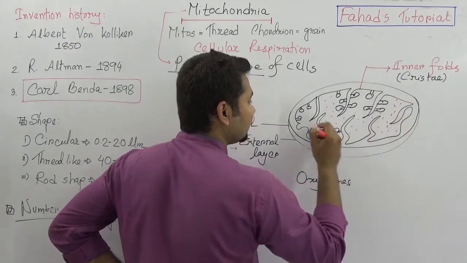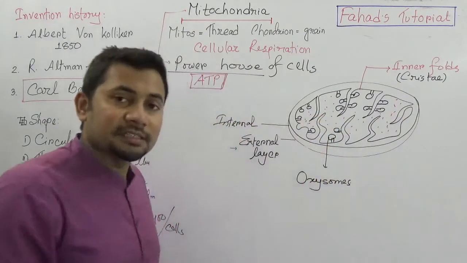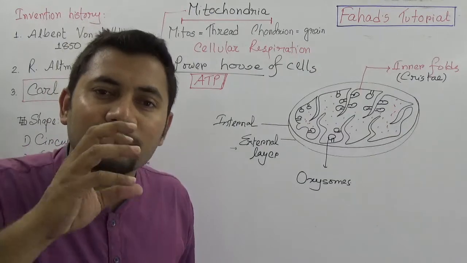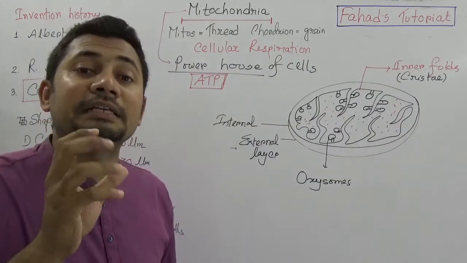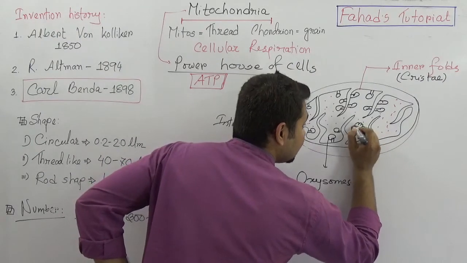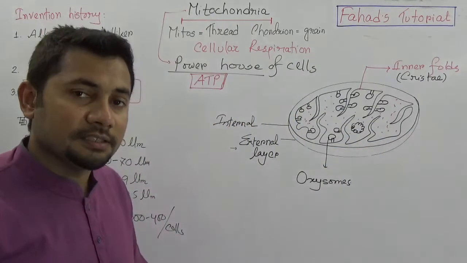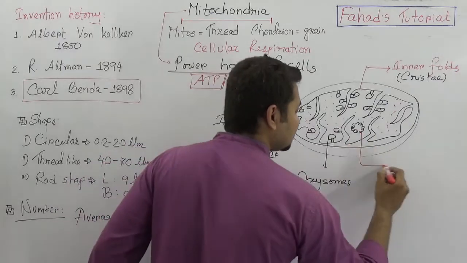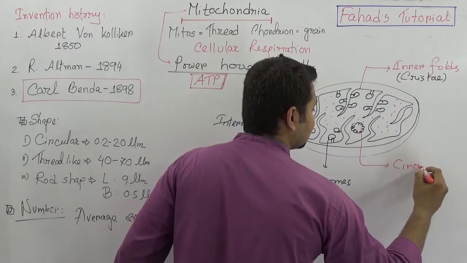So these are the matrix, and in this matrix there will be the presence of circular DNA inside. So in mitochondria there is a circular DNA.